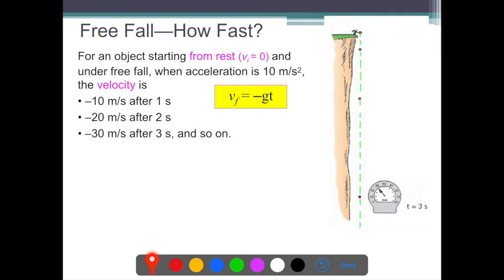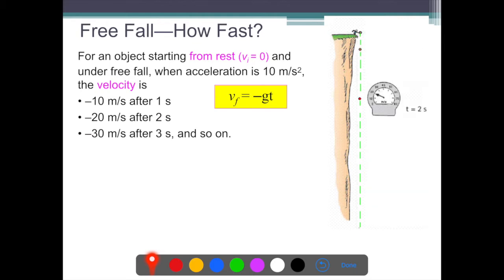After 2 seconds, the velocity would have increased by another 10 meters per second. So after 2 seconds, the new velocity will now be 20 meters per second. That's negative because the direction is still downwards. After 3 seconds, the velocity is negative 30 meters per second. After 4 seconds, the velocity will be negative 40 meters per second, and so on.